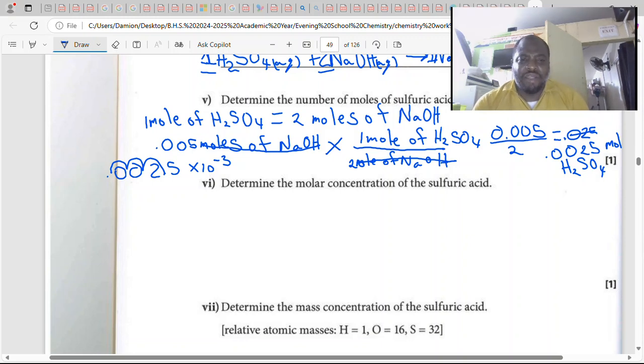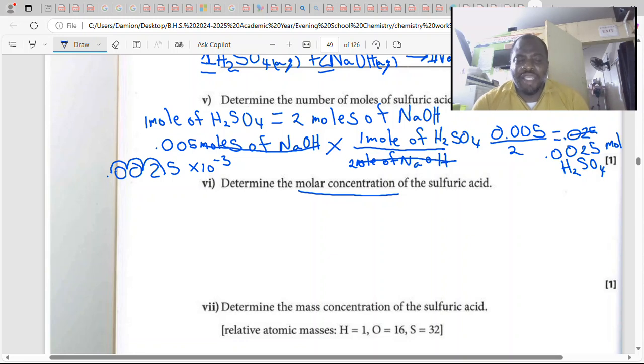They are asking us for the molar concentration. Once you see molar concentration, what is it that they want? Once you see concentration, we want to know how much mole is in 1,000 centimeter cube. But this 0.002 moles is in how much?